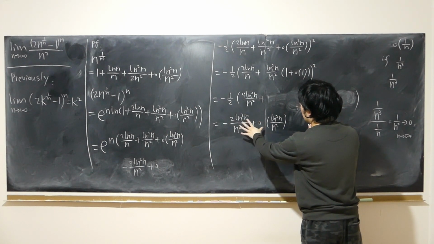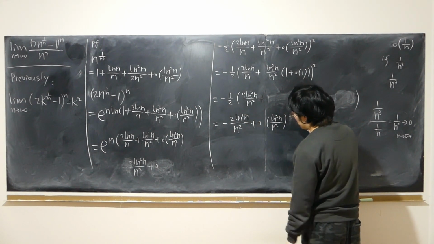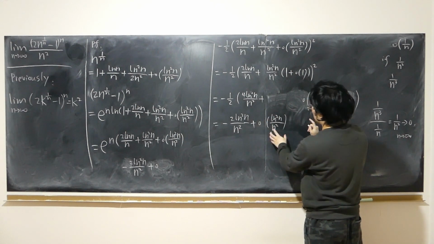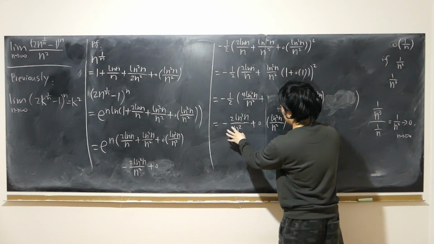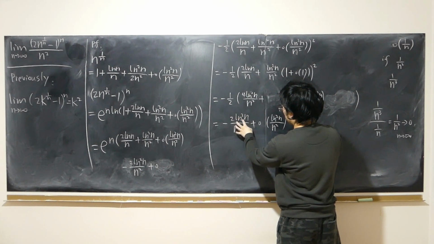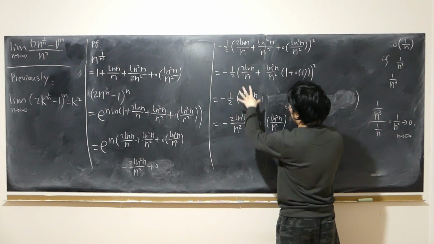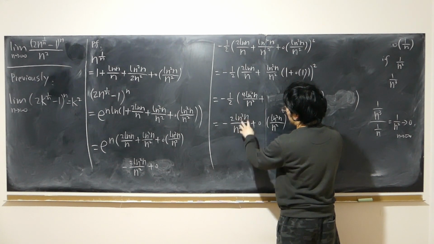Of course, even approaching 0, even faster. Faster than this guy, of course. Faster than the guy inside, right? Again, little o of this guy. This constant, don't worry. Still little o of this guy. So we can call the whole thing little o of just this guy.